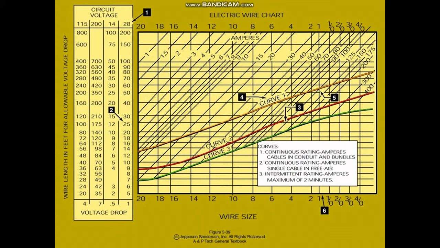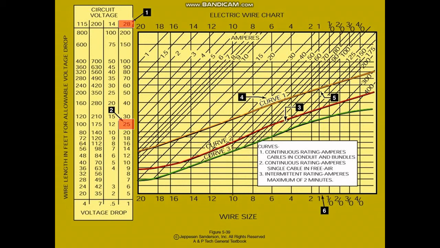At the beginning, you have to take the circuit voltage and you can take it from this area. After that, you will take the wire length for the allowable voltage drop.